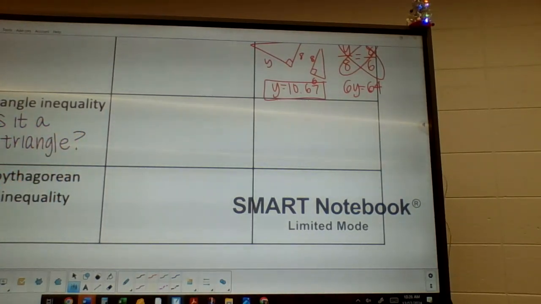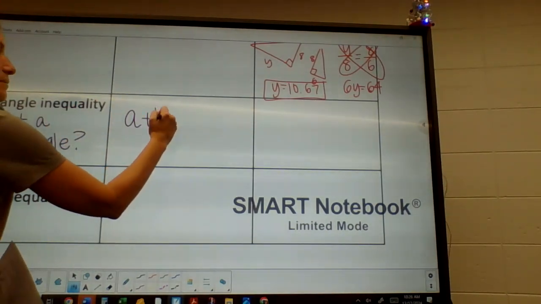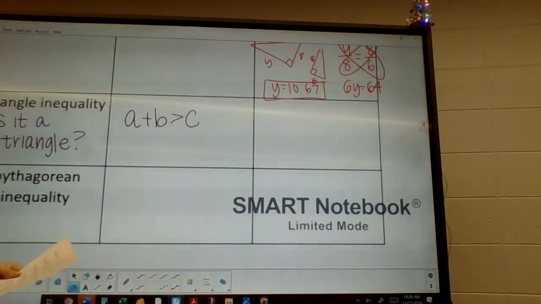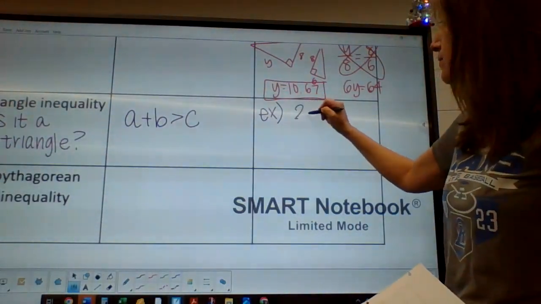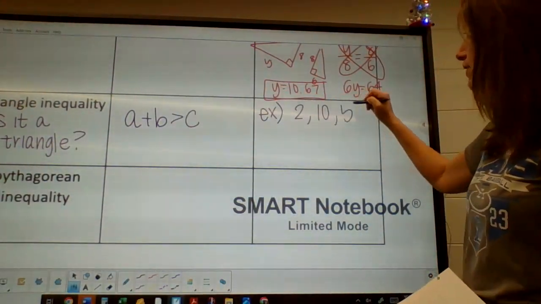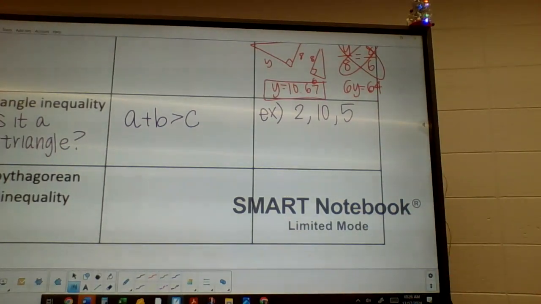This is actually an older topic. In order to be a triangle at all, a plus b has to be greater than c. So for a problem like 2, 10, and 5, I don't want to see if this is a right, acute, or obtuse triangle.